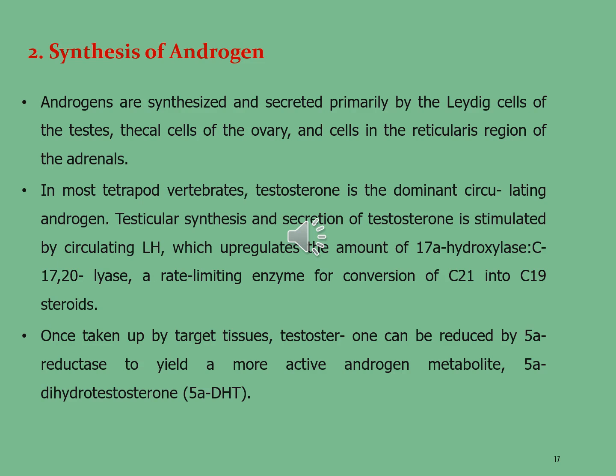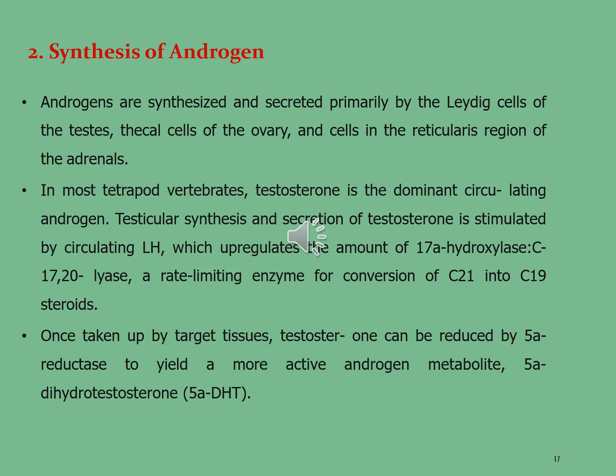Testicular synthesis and secretion of testosterone is stimulated by circulating LH, which upregulates the amount of 17-alpha hydroxylase, that is the carbon 17-carbon 20 lyase enzyme, a rate-limiting enzyme for conversion of carbon 21 into carbon 19 steroids.